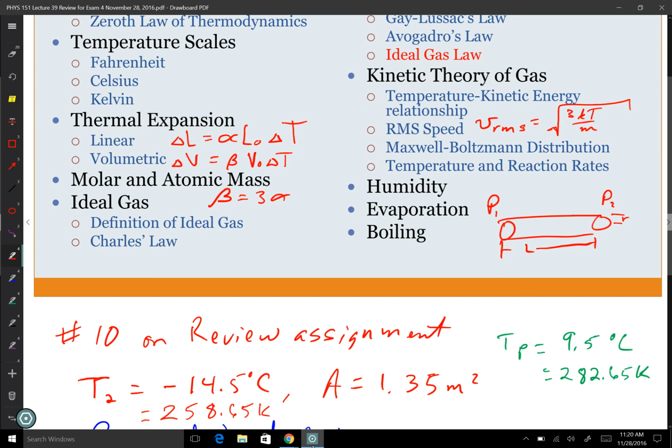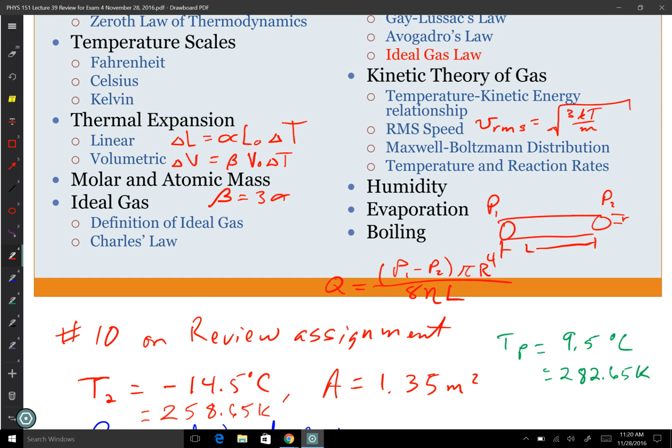And the equation that you use to calculate the viscosity from this is that the flow rate is equal to, oh my goodness, I know I don't remember this. I think that's the equation. And so you had to use that equation to solve for eta.